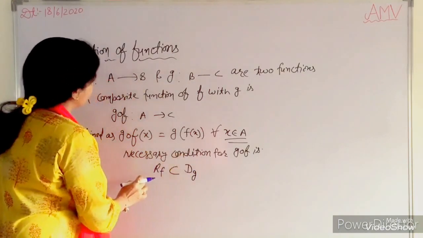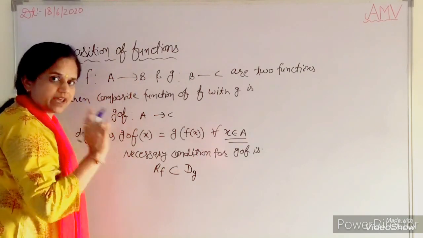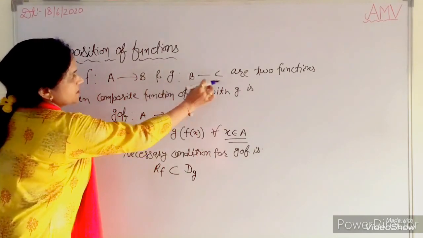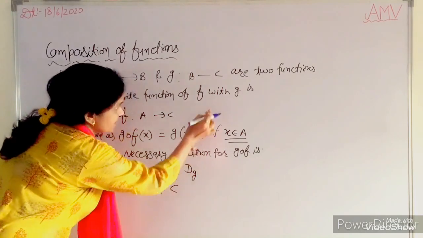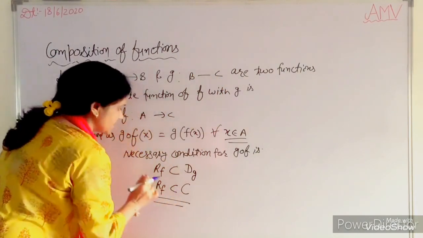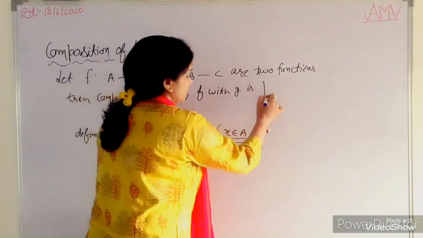It means, student, the range of function f must be a subset of the domain of function g. Here it is set C. Then only gof exists.